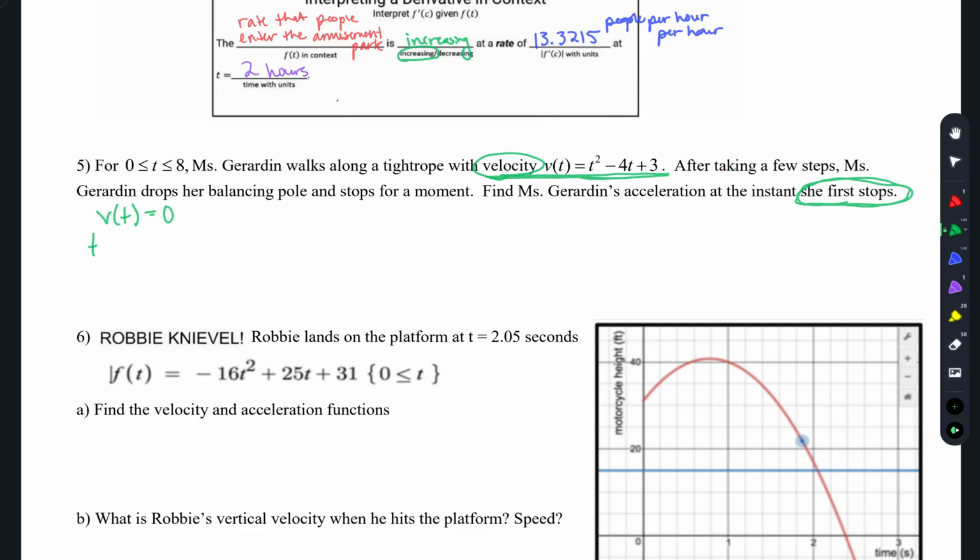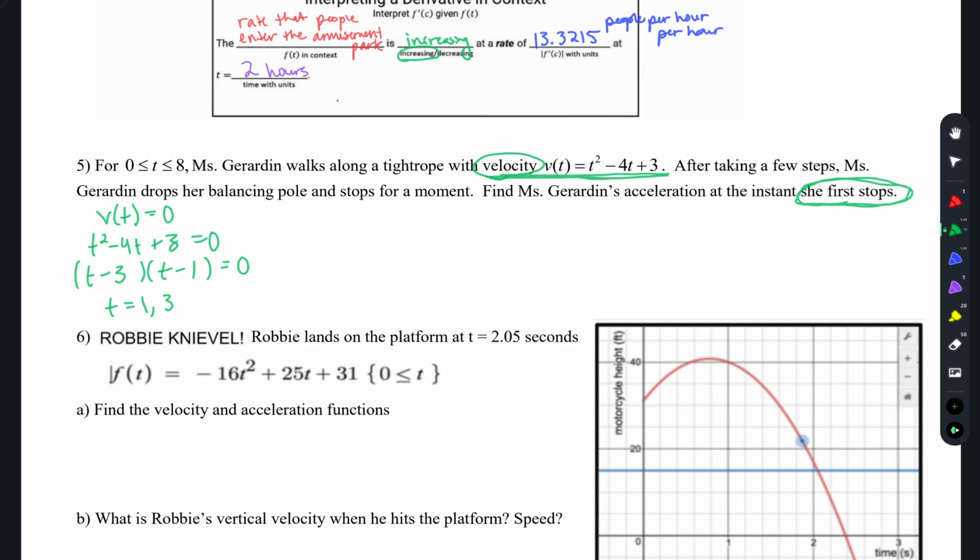So you're going to set your t squared minus 4t plus 3 equal to 0. Okay, the biggest issue on this one, that I've seen, is people factor wrong and everything's totally off. So make sure you're not factoring goofy. A lot of you are pretty good with that.